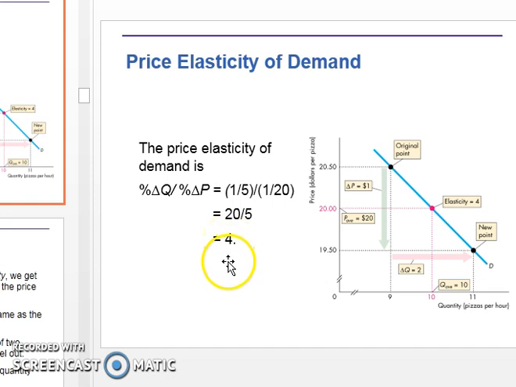If price decreases by 1%, quantity demanded increases by 4%. If we calculate Q2 minus Q1 and P2 minus P1, the answer is always negative here, but we ignore the negative sign because it's a convention. So this is the concept of the price elasticity of demand.